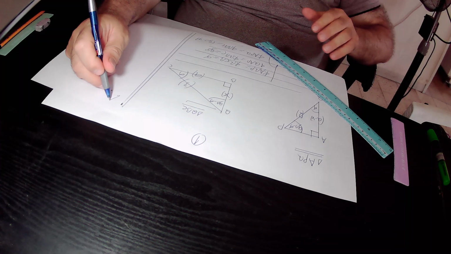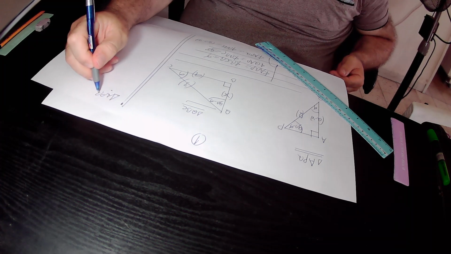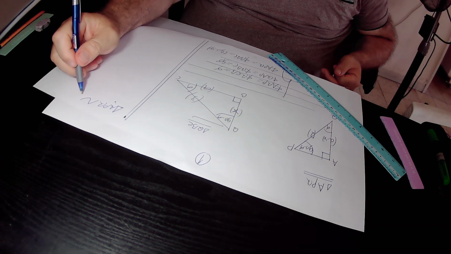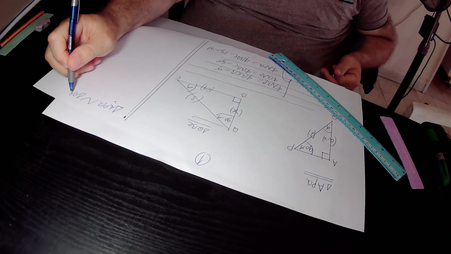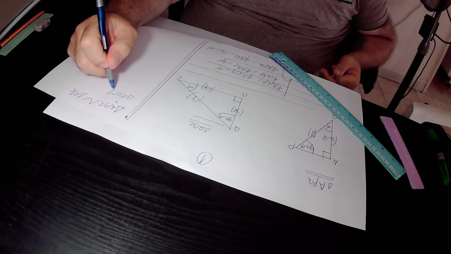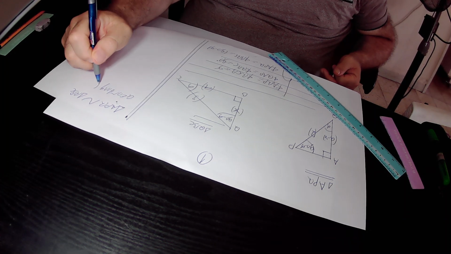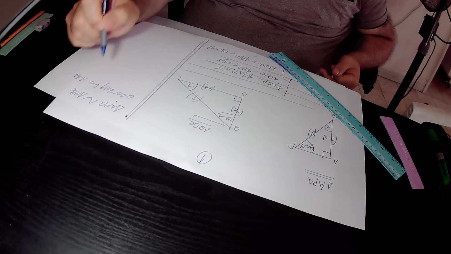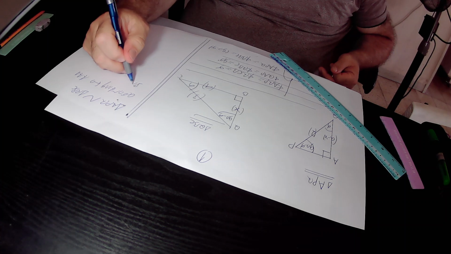The right triangle APQ is similar, this is the sign of similar, to the right triangle QBC according to the angle similarity rule.